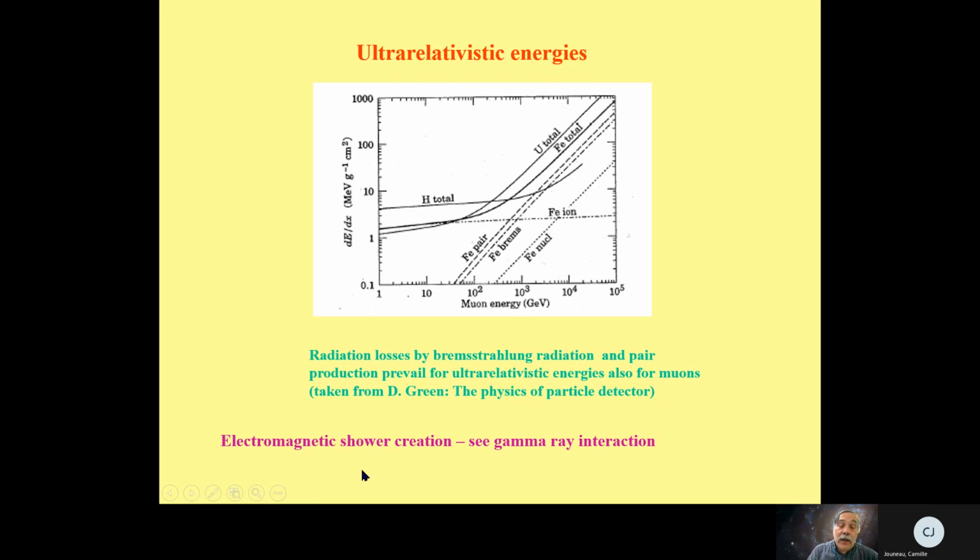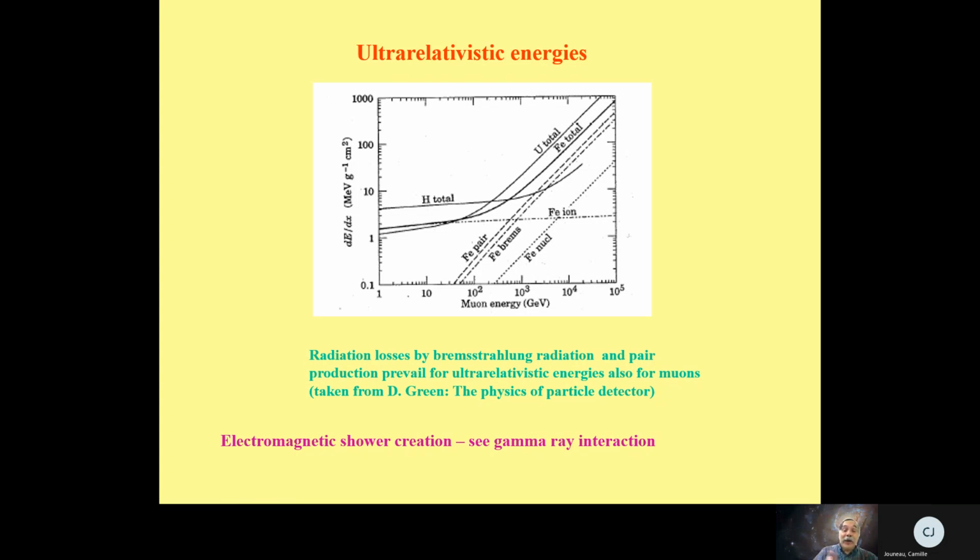I also said that for high energy electrons we obtain Bremsstrahlung radiation, and the gamma produced by a very high energy electron will also have very high photon energy.